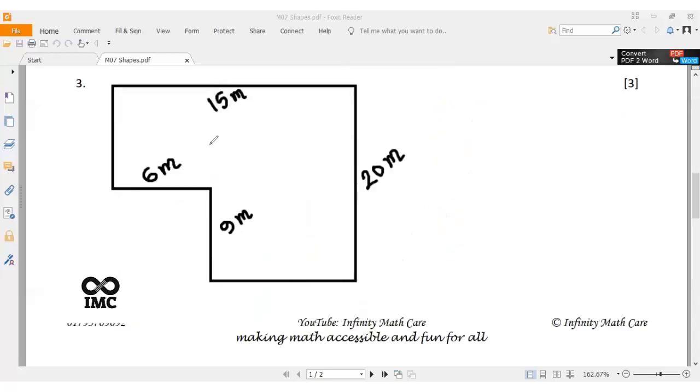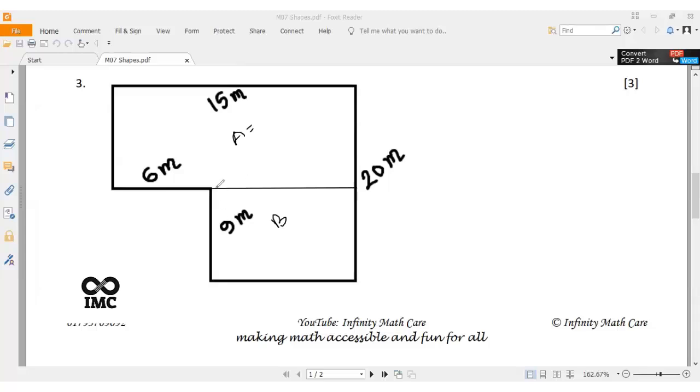Question number 3 says, here in this shape, we need to split this one into two parts, or we can divide this shape into two parts. This is A and this one is B. Here we need to find out the area of first shape A, then area of shape B. Here A, that will be length multiplied by breadth.